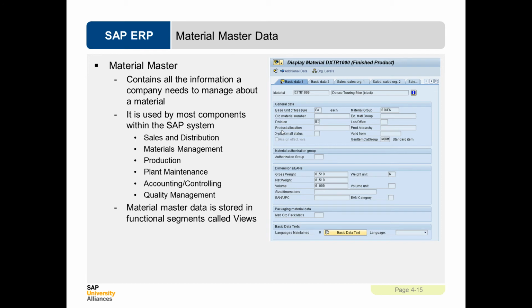Now, the material master is something that you can look at in your particular Global Bike client. You can go to transaction code MM03, that's display material master record. And in the basic data tab, you should see something that looks pretty similar to this.